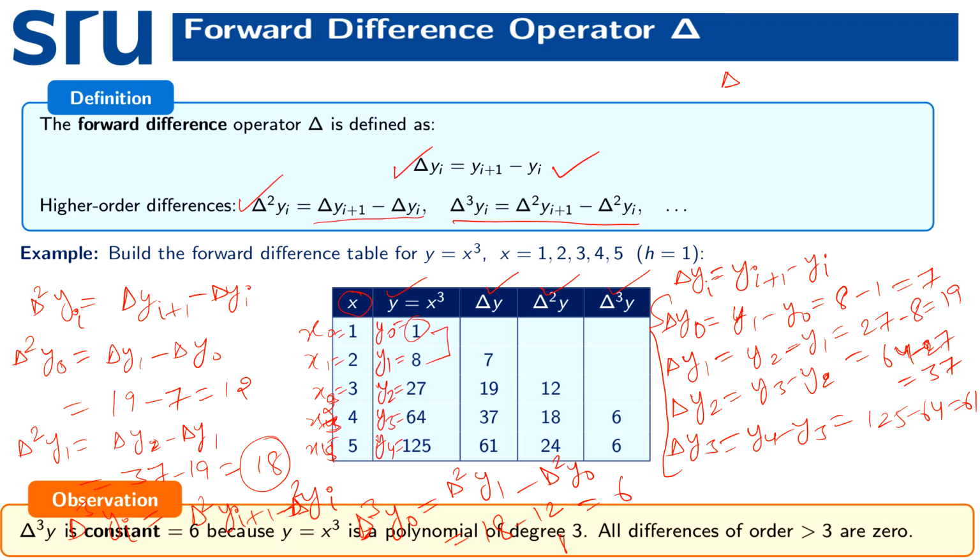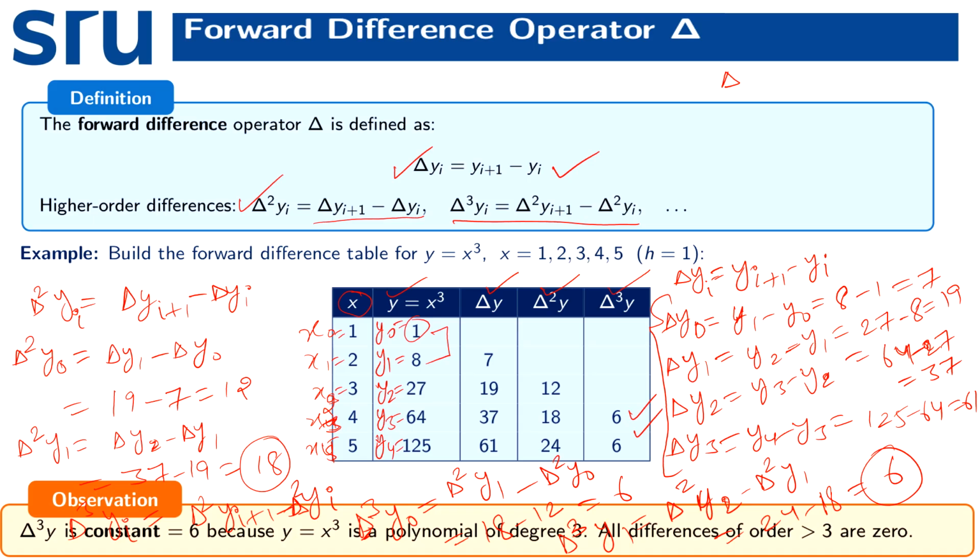Similarly, delta cube y1 will be equal to delta square y2 minus delta square y1, and that value is 24 minus 18, also taken from the table, and that is equal to 6 here.